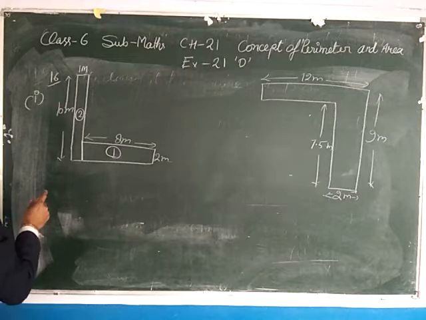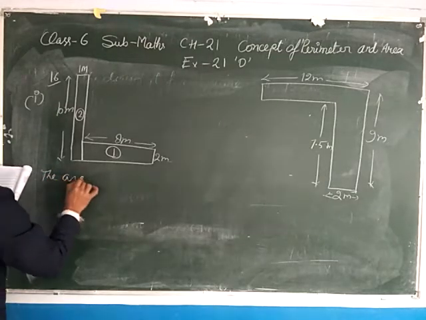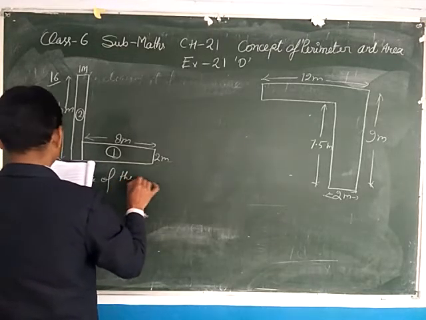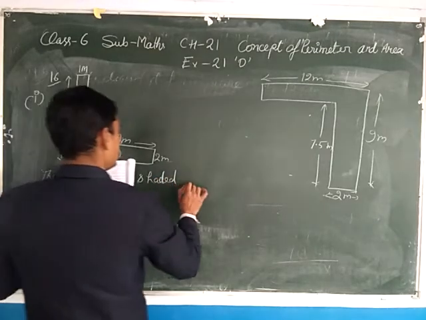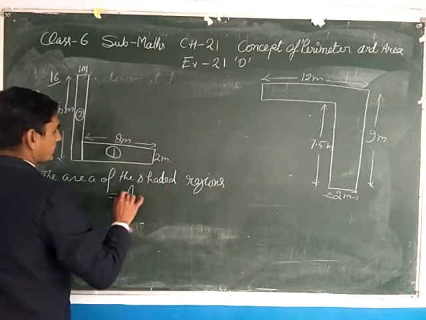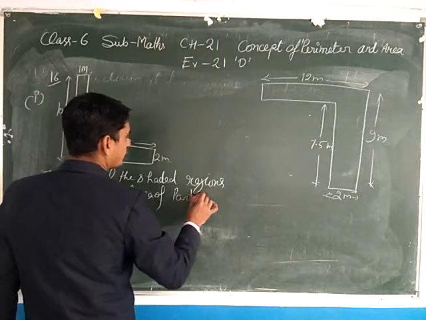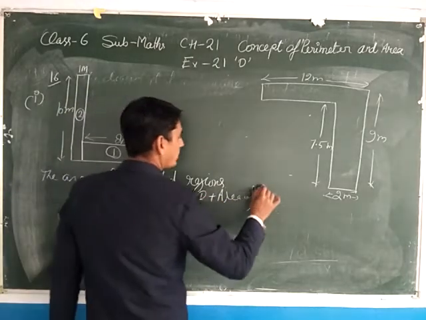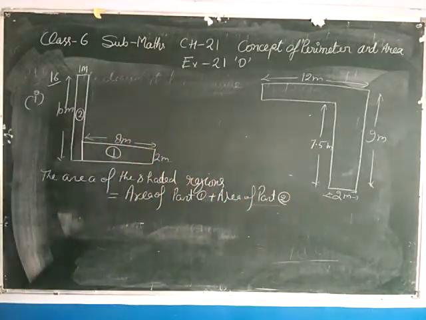So we find the area of the shaded region. The area of the shaded region equals area of part 1 plus area of part 2. Both are rectangles.